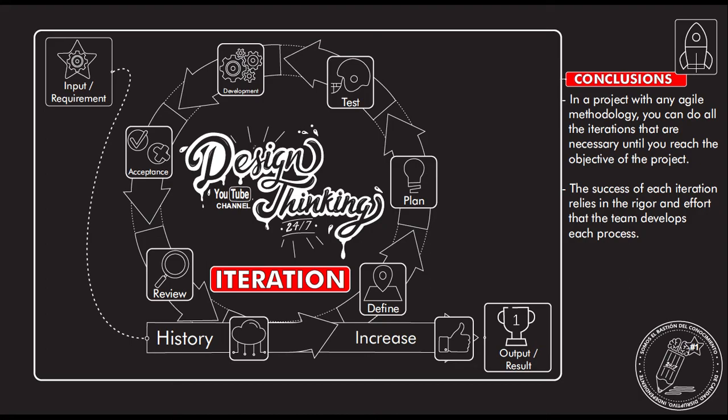The success of each iteration relies on the rigor and effort that the team puts into each process. That is extremely important. If you don't want to make 100 iterations, you need to be very on point, very rigorous, until you reach what you're looking for. So that is very important to keep in mind.